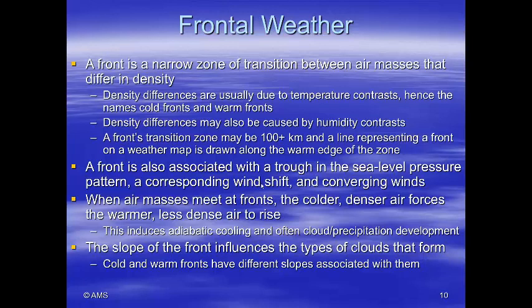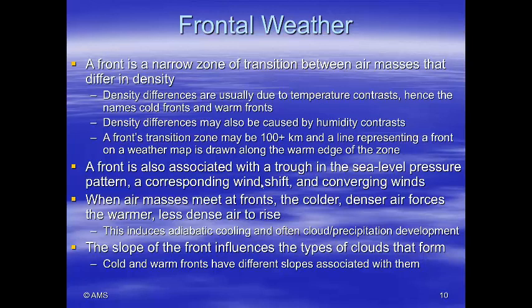That's where the names warm front and cold front come from. The density differences may also be caused by humidity contrast. The front's transition zone may be 100-plus kilometers. So don't forget, 10 kilometers is about 6 miles, so we're talking about 60 miles long.